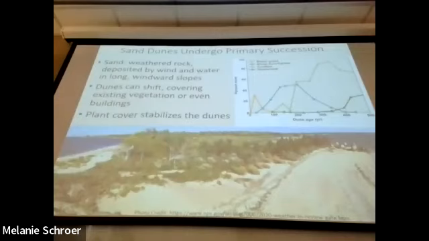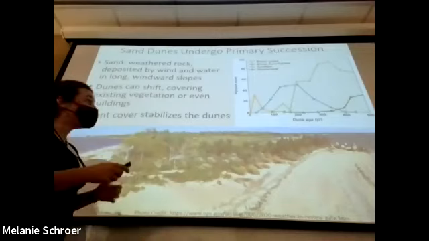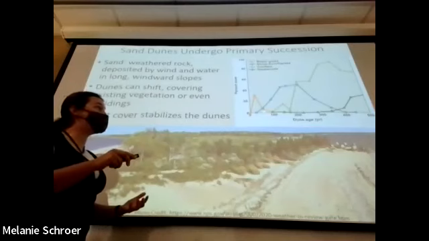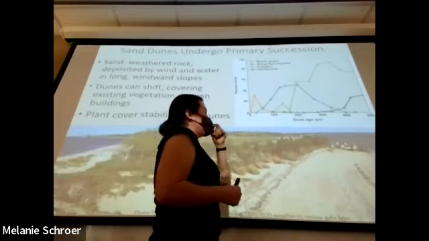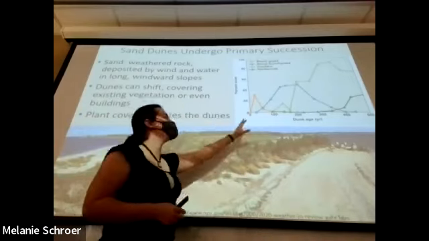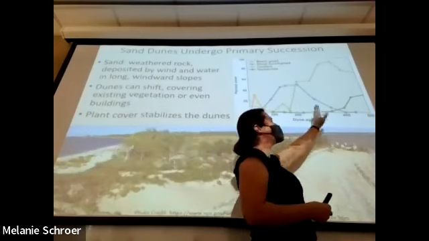So trees can ultimately grow because the dunes have been stabilized by beach grass here. The grasses, of course, are relatively quickly outcompeted by these other types of plants. And when I say quickly, I don't mean like weeks. Note, we're talking centuries here.